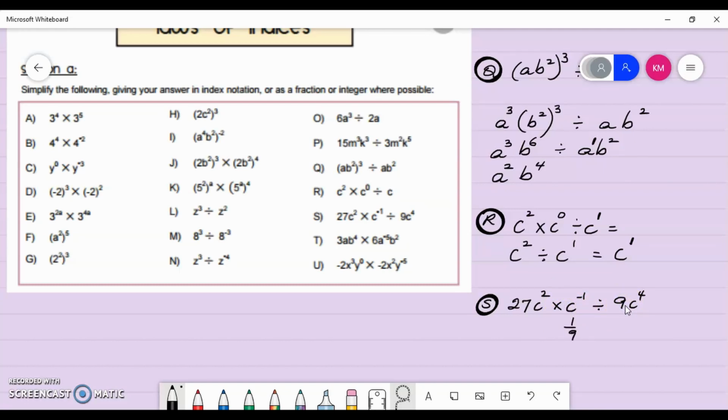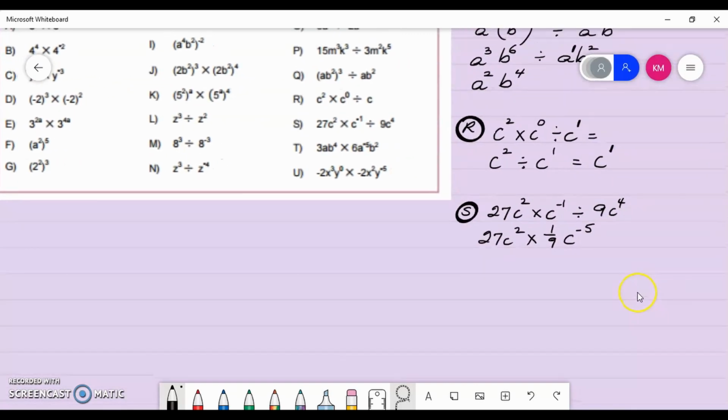And c⁻¹ divided by c⁴, remember we have to take away our indices. So it's going to be negative 1 take away 4, that's going to be negative 5. Now I'm going to put this back here. Then we are going to perform our multiplication.